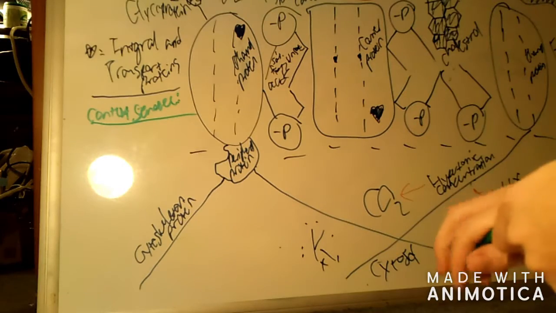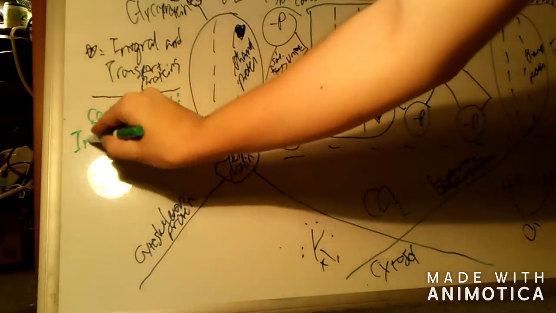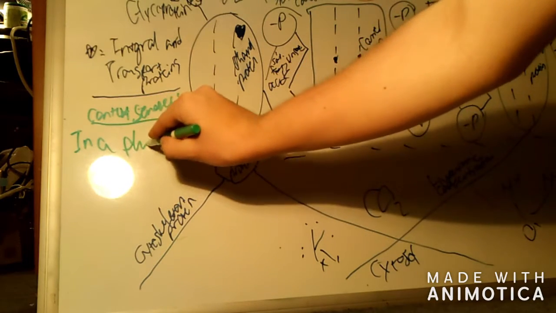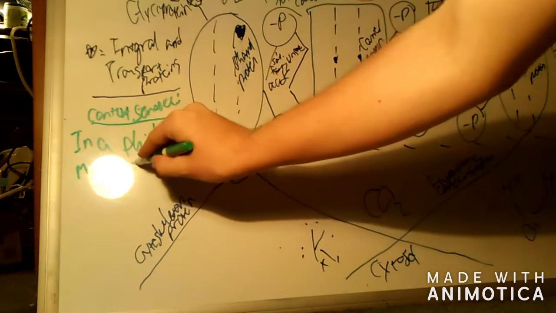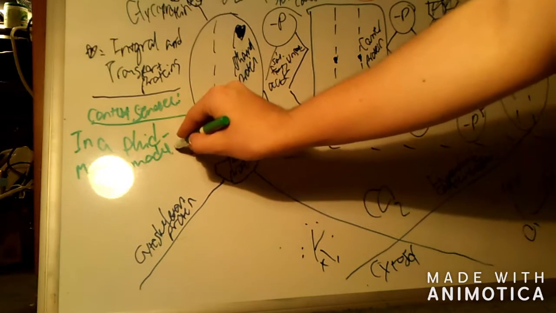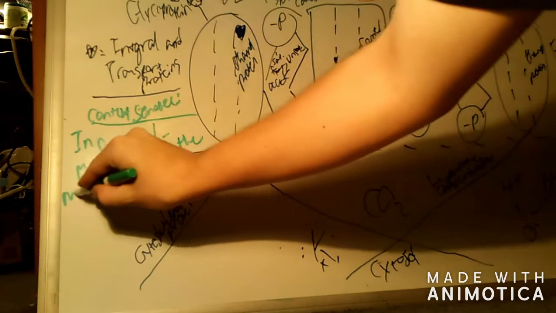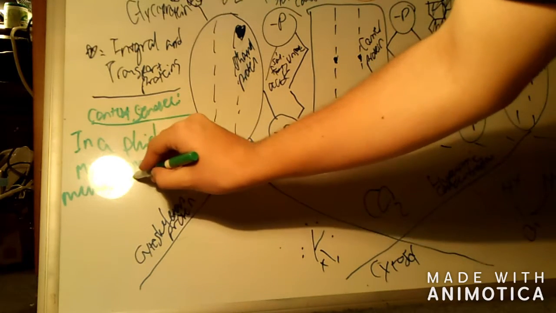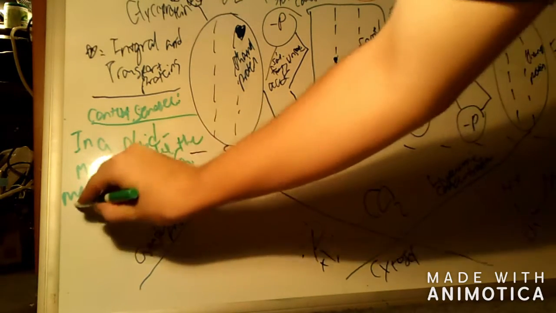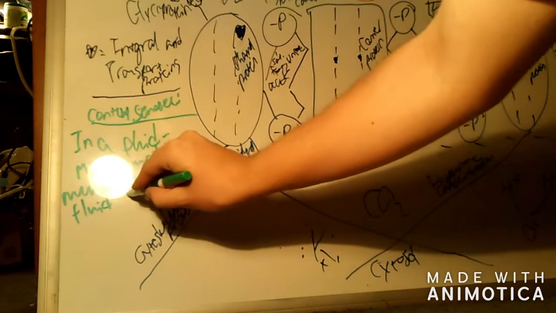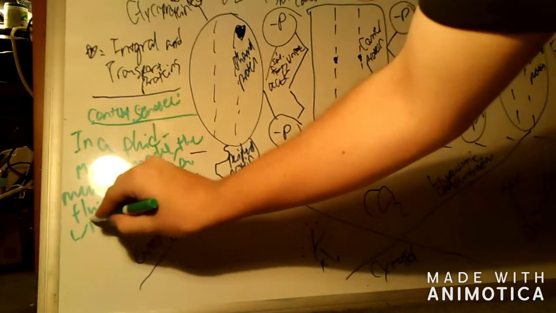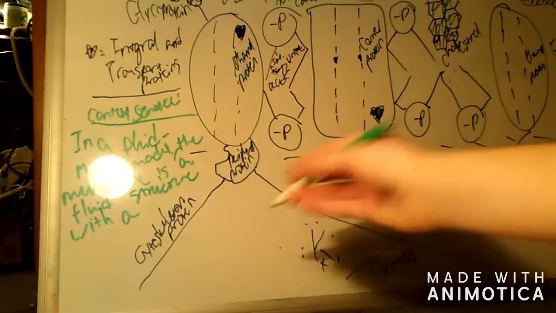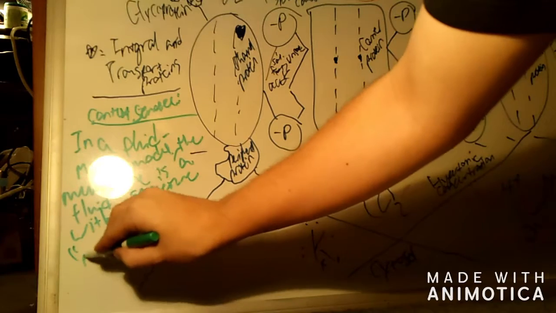So with the context sentence, we're going to say that in a fluid mosaic model, the membrane is a fluid structure with a "mosaic". I'm quoting the mosaic.